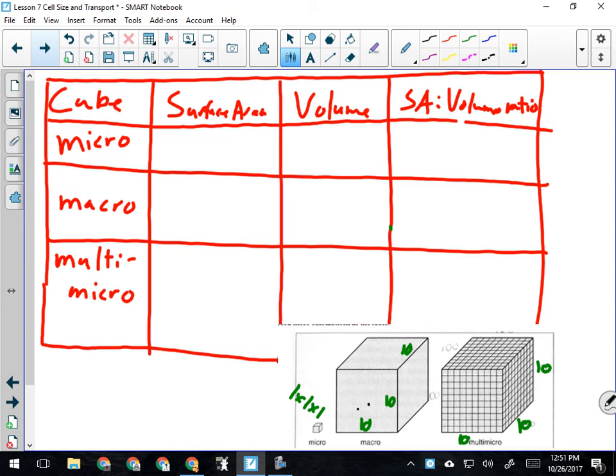Length times width gives me the area of 1 square, and there are 6 squares. So length times width times 6 gives me the surface area of a cube. 1 times 6 is 6. 6 centimeters squared. Remember, surface area is in square centimeters.